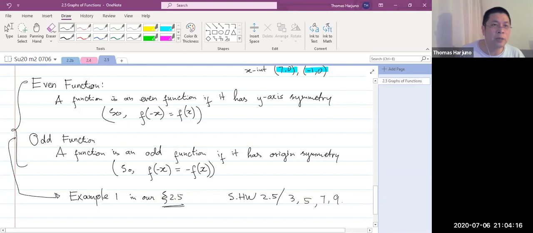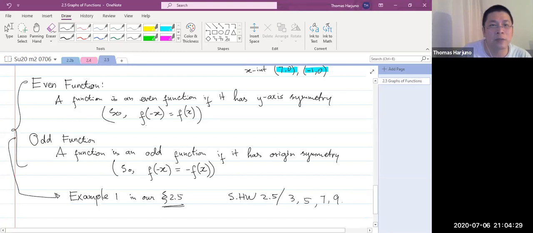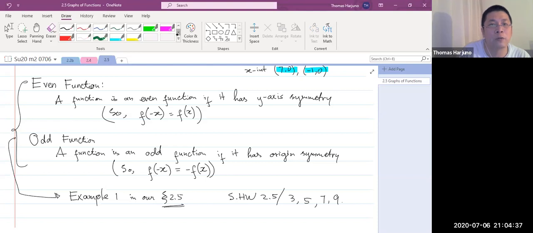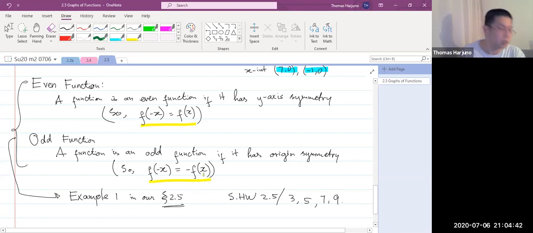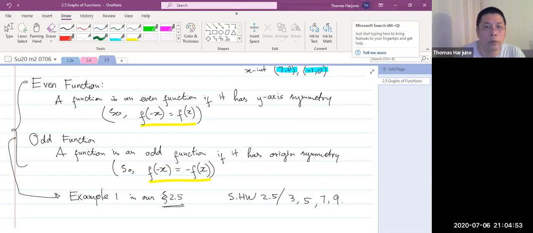Now, a function may be even, a function may be odd, a function may be neither. As long as it satisfies this, you call that even. If it satisfies this, you call that odd. If it doesn't satisfy either of those, then you call that neither. Try to take a look at Example 1 in Section 2.5. Okay, that's for today. Tomorrow we will apply what we learned.